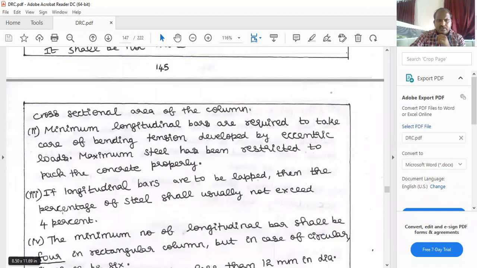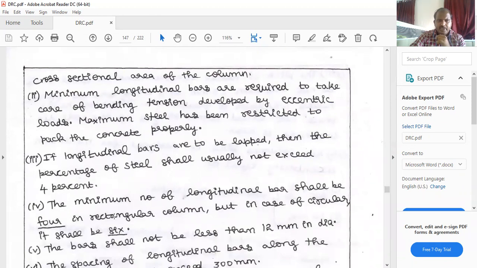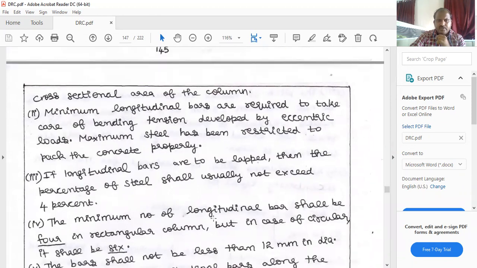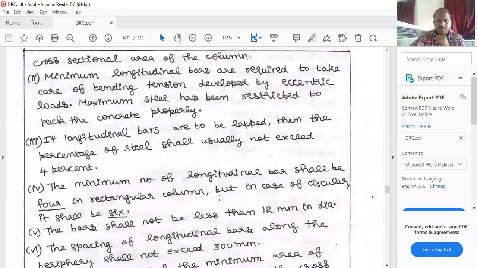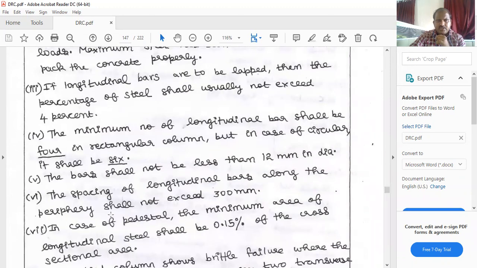The third condition: where the longitudinal bars are to be lapped, the percentage of steel shall not exceed 4 percent. The minimum number of longitudinal bars shall be 4 in a rectangular column, but in case of a circular column, it shall be 6. The bars shall not be less than 12 mm in diameter.